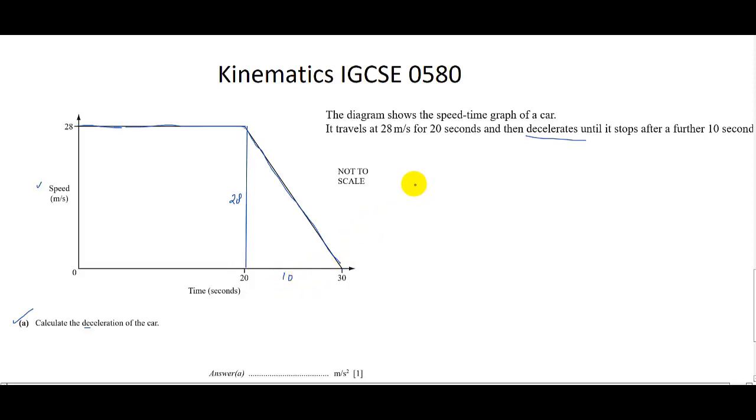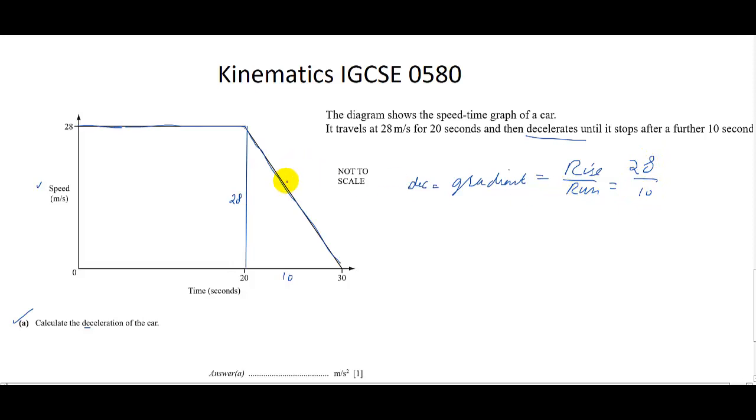Therefore, the gradient, which is deceleration, that is gradient, which is rise over run. And the rise is 28, and the run is 10.